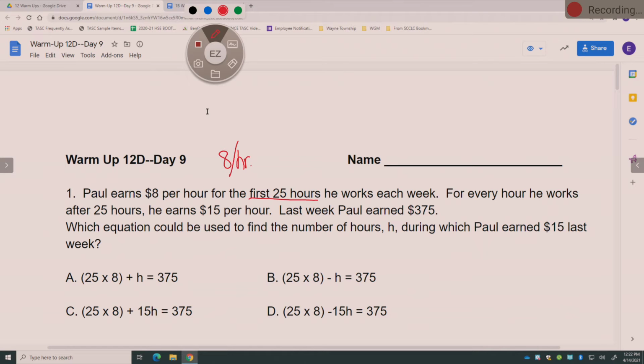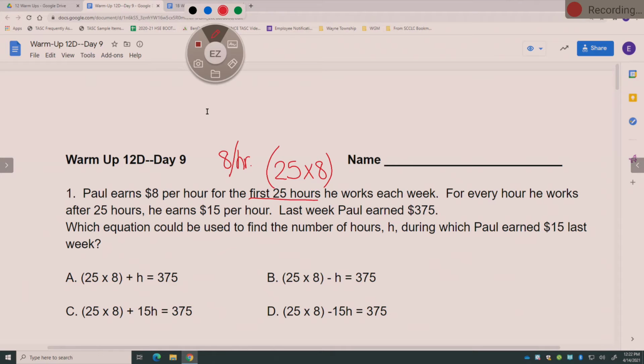But we can also say that as $8 an hour for 25 hours is the same as 25 times 8. So the wage that he makes for the first 25 hours is equal to 25 times 8.